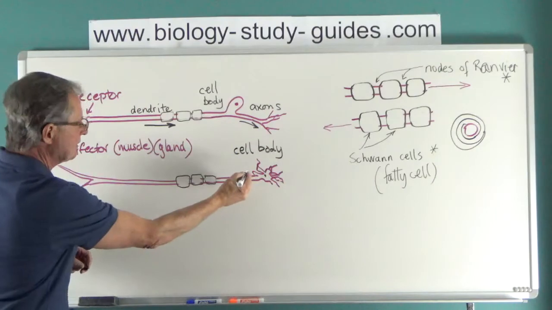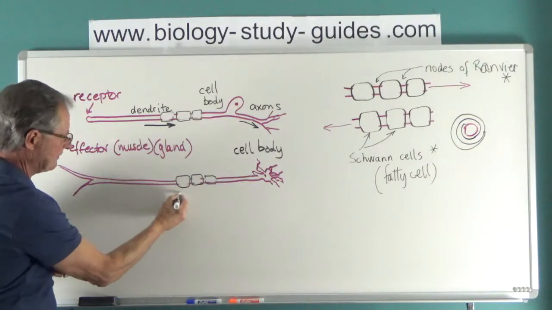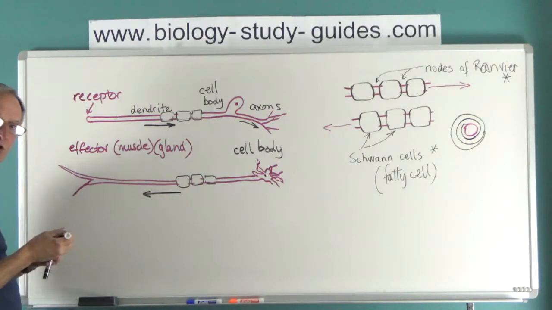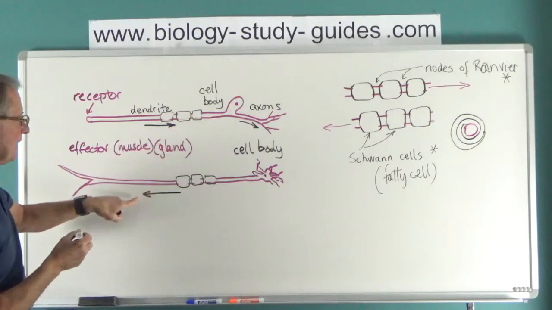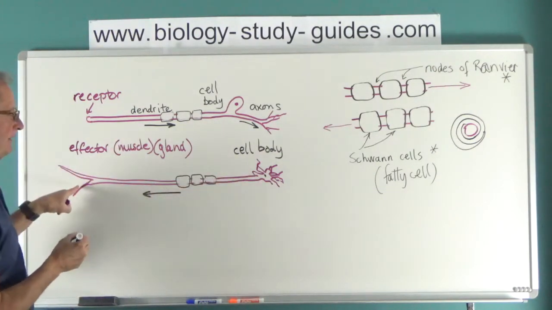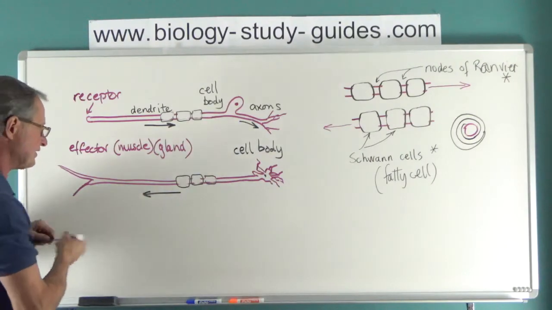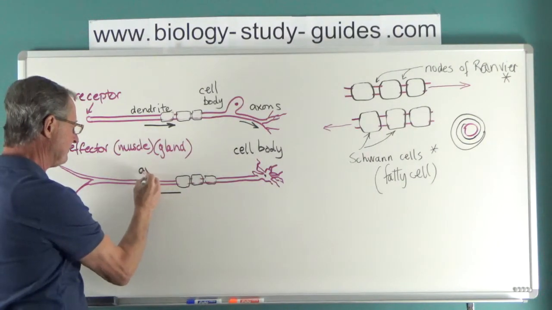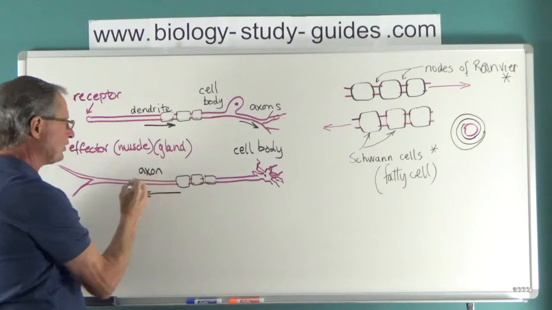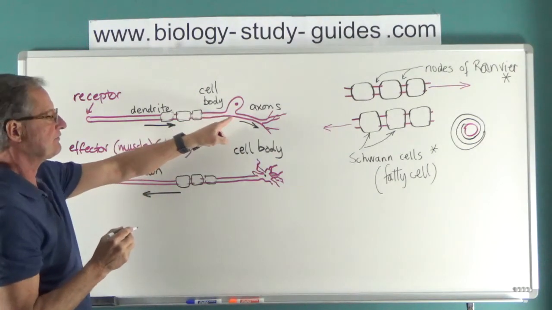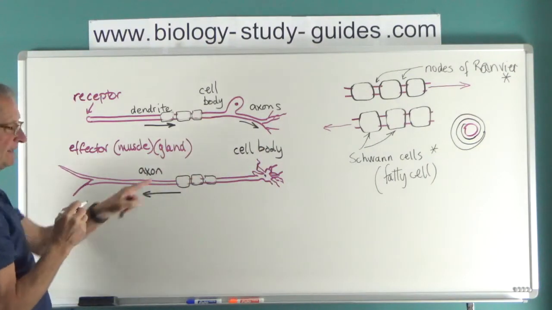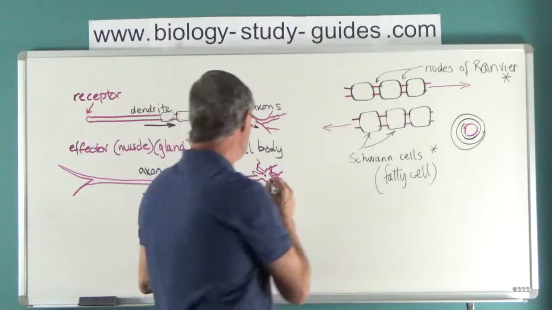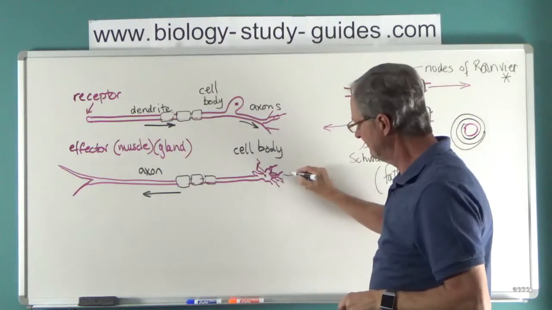But in this case, this part, the long part, that would be in the mixed nerve, is conducting an impulse away from the cell body. So by definition, this is the axon. Axons are defined as those parts of the nerve cell that take the impulse away from the cell body. The dendrites in this case are the little bits here.